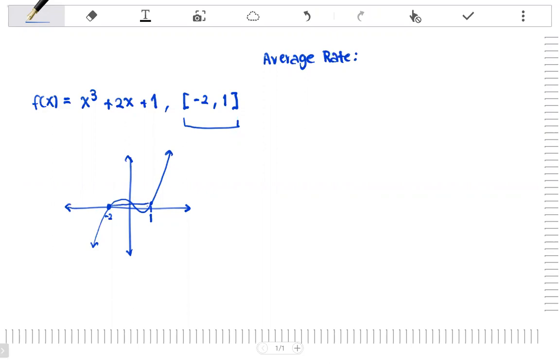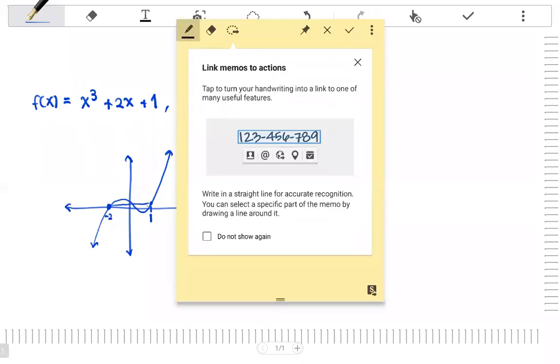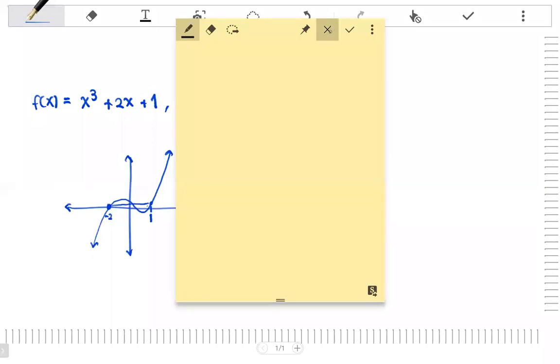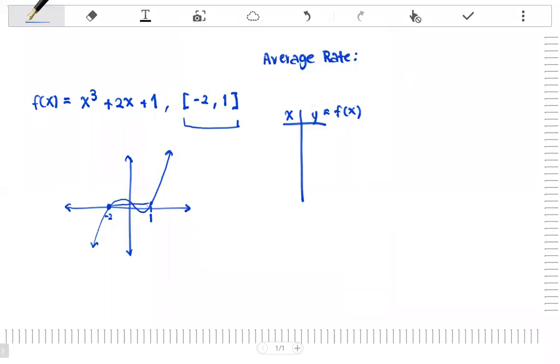Okay? How we do that is we can use a table, or we can just use an equation, which I'll introduce next. Y equals f of x. So our first point is -2, and our second point is 1. That's what we're trying to find. So if we plug in -2 for x, what do we get for y?